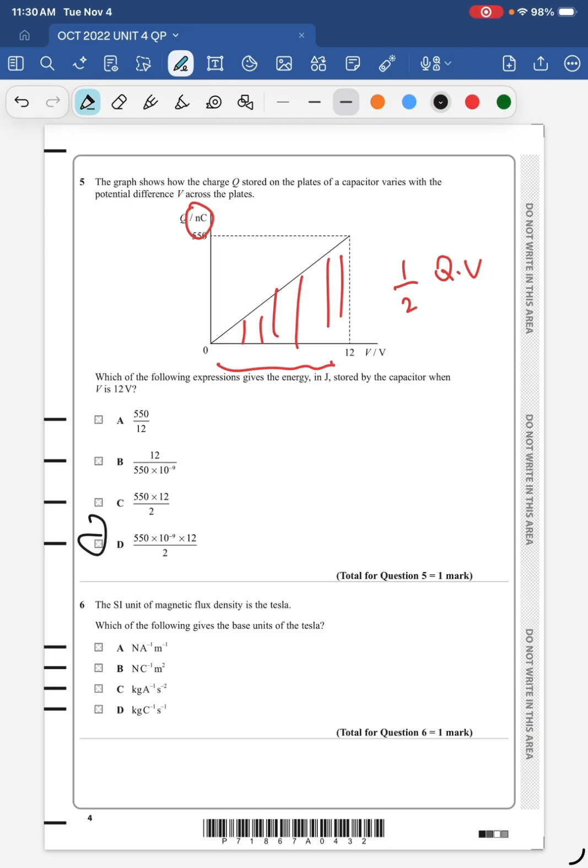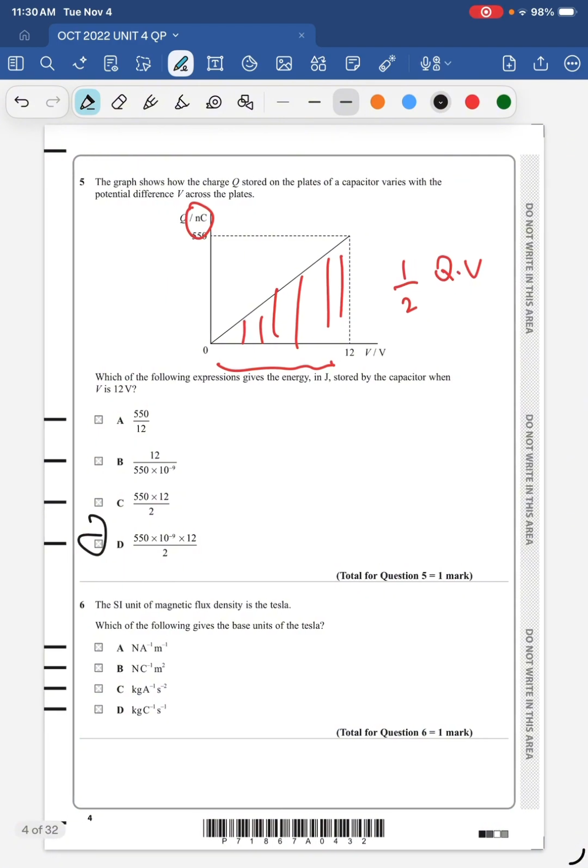Okay, 6. The SI unit of magnetic flux density is the Tesla. Which of the following gives the base units of the Tesla? The way I solve problems like this is to use a formula that naturally introduces a unit.